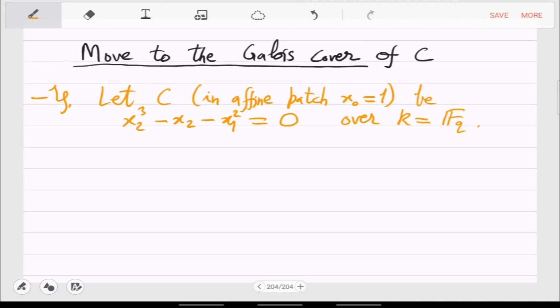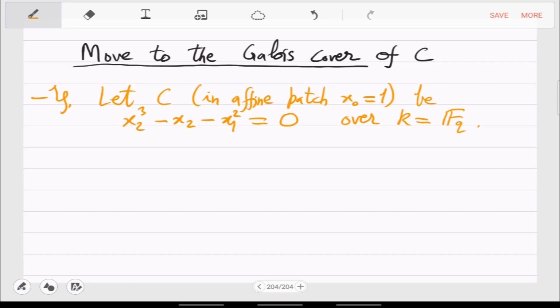Okay, so it's just the affine patch. To make it smooth projective, you have to introduce x0. But for x0 equal to 1, this is the affine patch. x0 equal to 0 will give you the point at infinity. So this is an elliptic curve. It's basically x1 squared equal to x2 cubed minus x2.